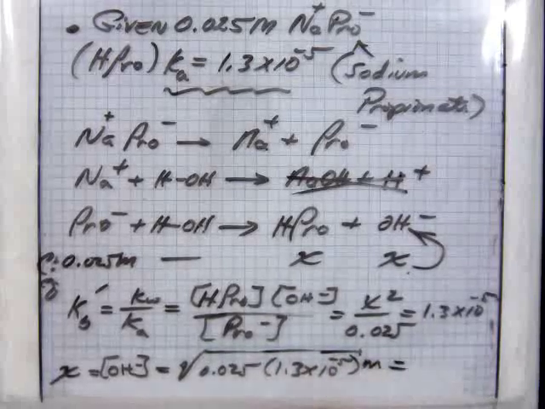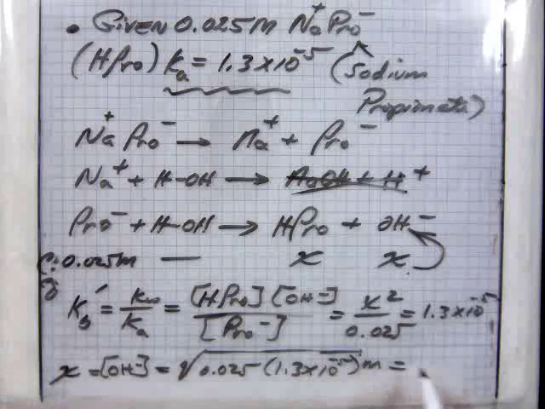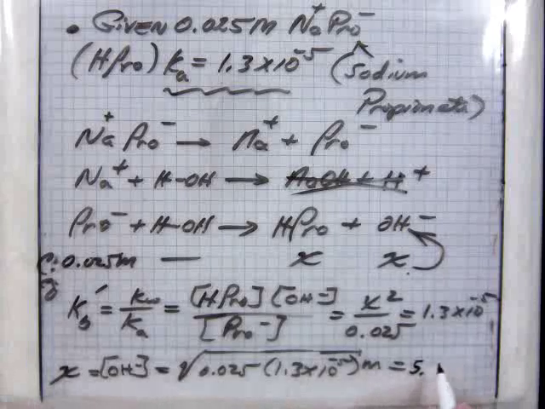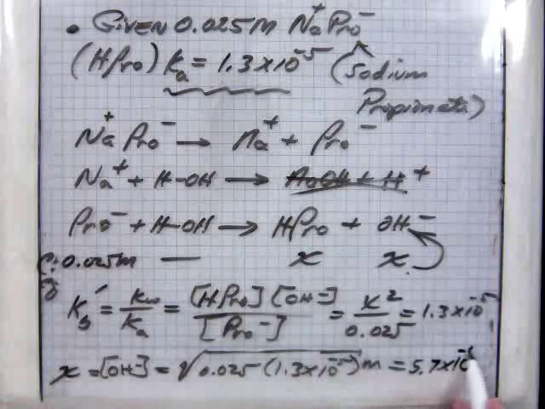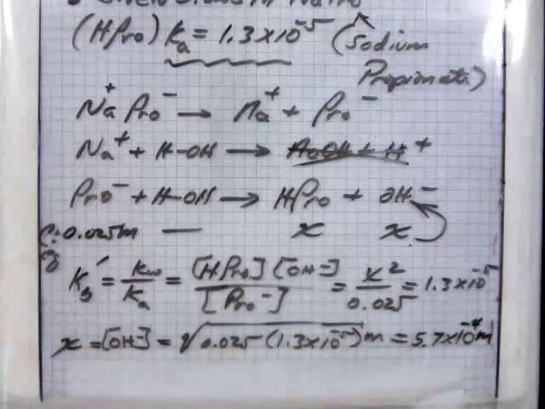So our hydroxide is 5.7 times 10 to the minus 4 molar in the hydroxide right here.